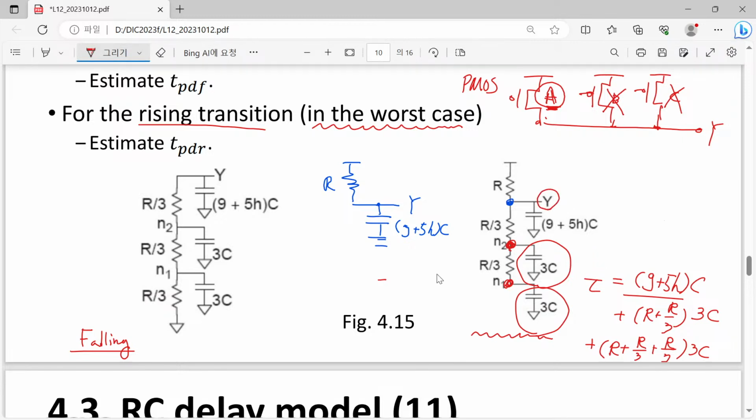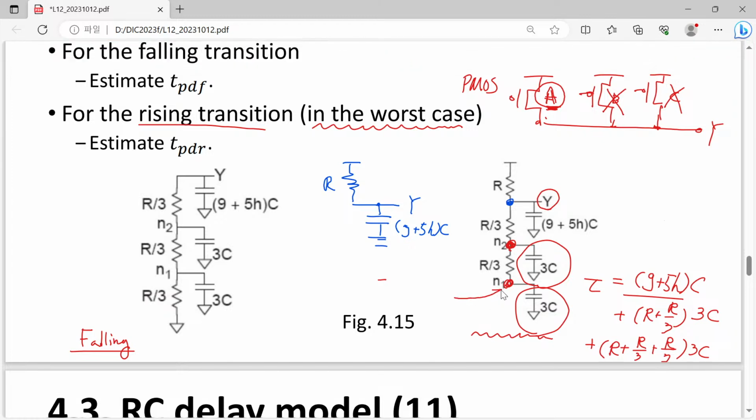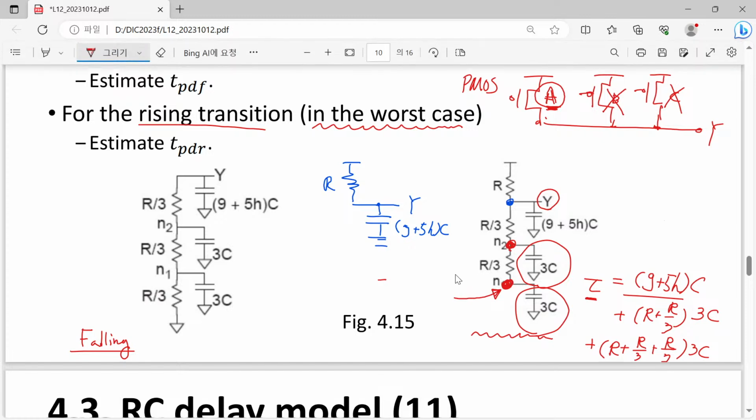But please note that if we are talking about the time to charge this node, then even in this approximation, this expression will be the correct answer. So are you with me? That's the reason why we must understand what the target node is.